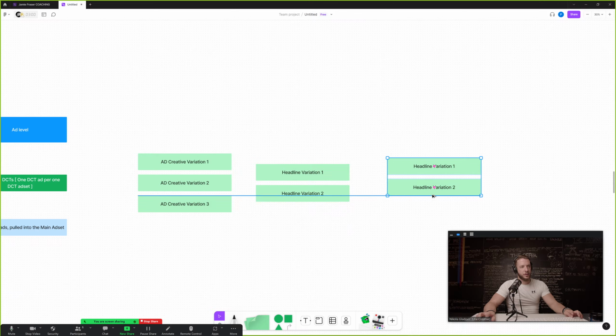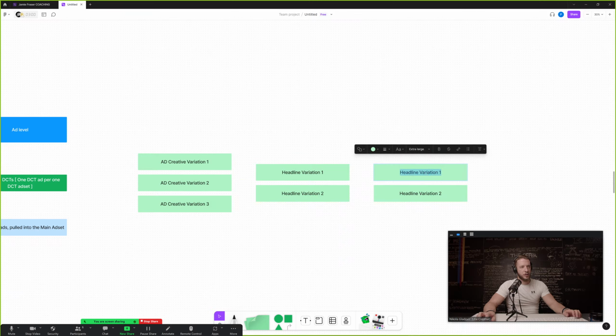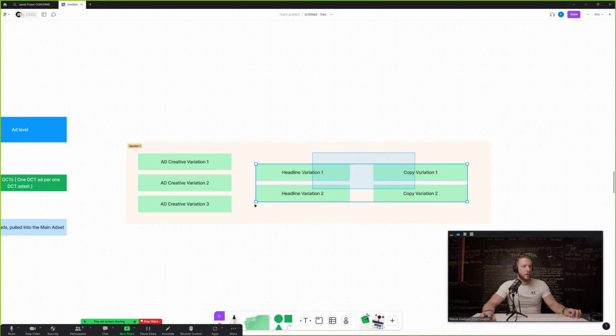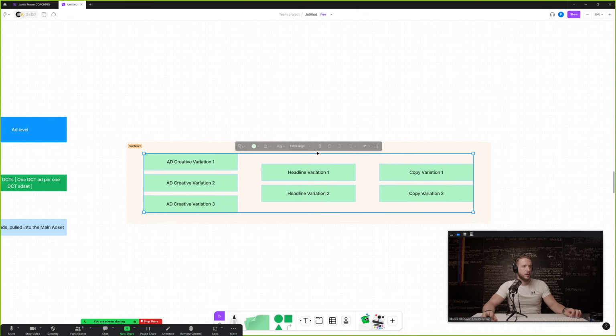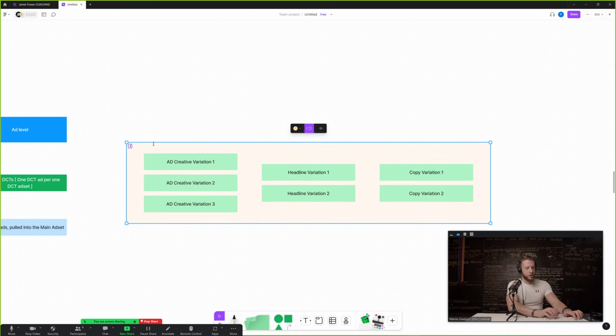And we have copy, and copy variation 2. This is what's called a 3-2-2 method.